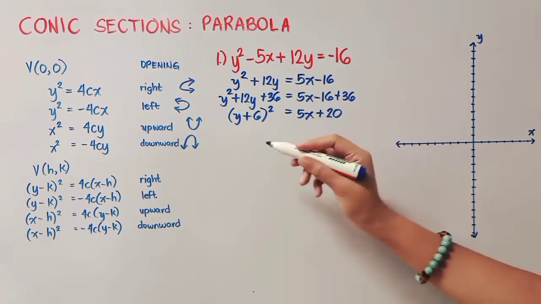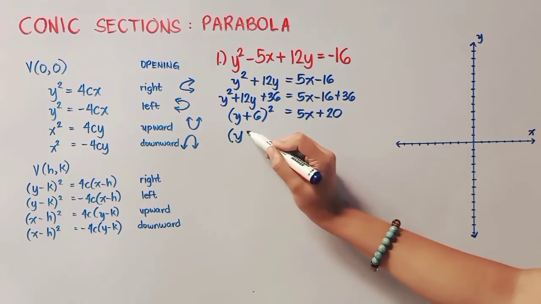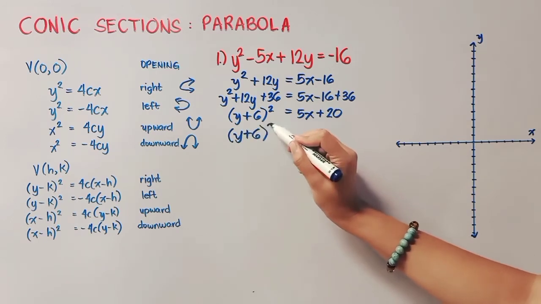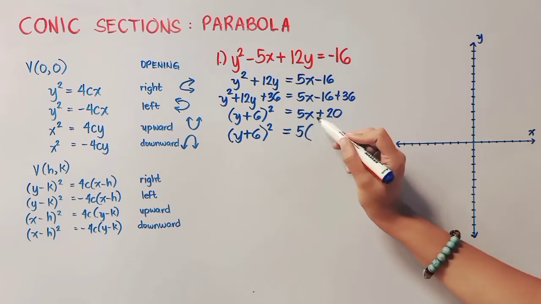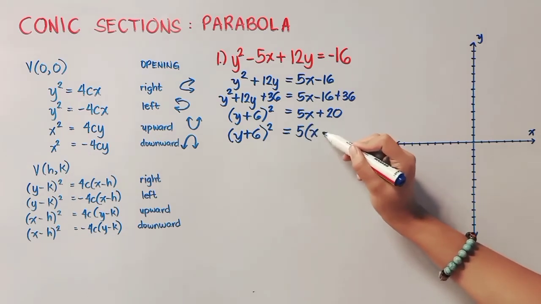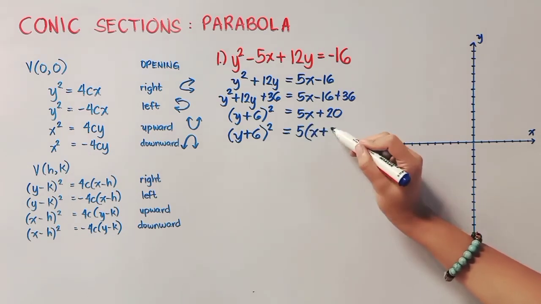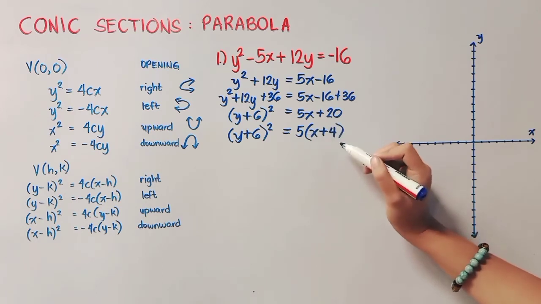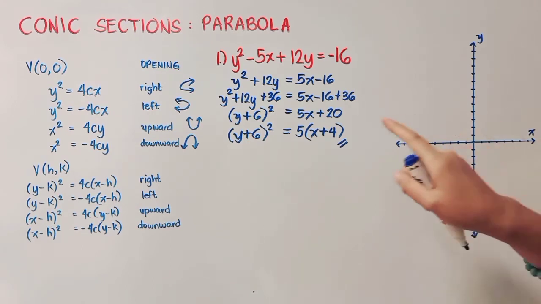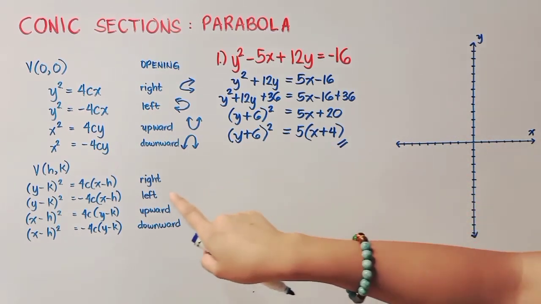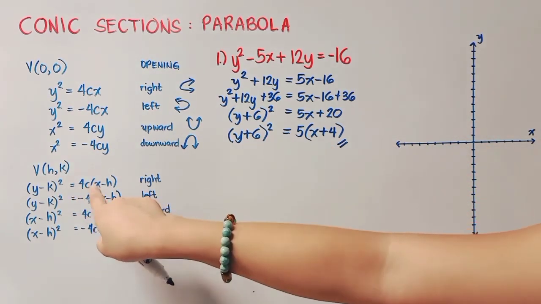Now we will first factor out 5 here since it is common. So 5 quantity, what's left is x. 20 divided by 5 is 4. And this is our standard form. Since we already have the standard form, we will just look at the choices here. As you can see, it is very similar to this form here.